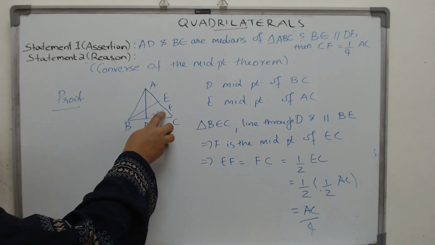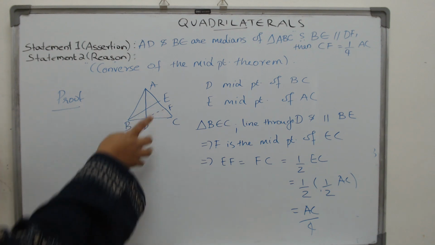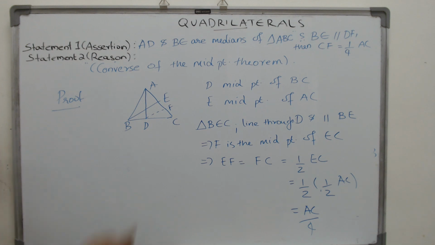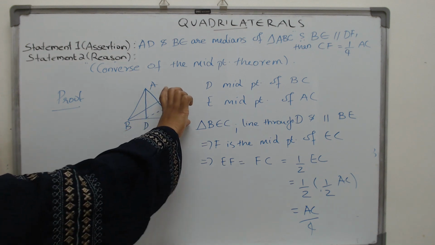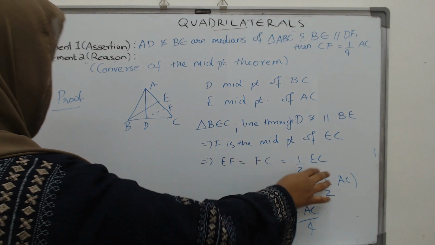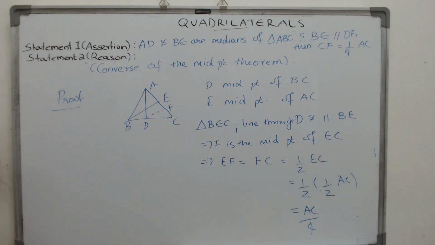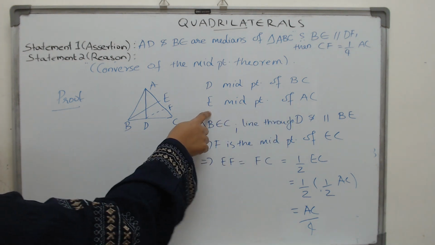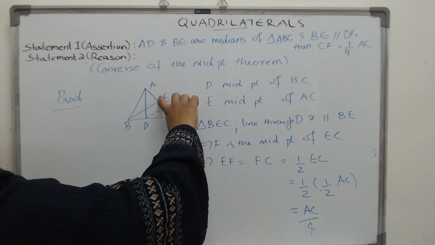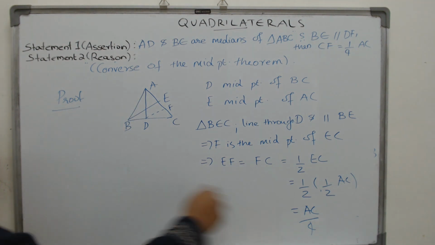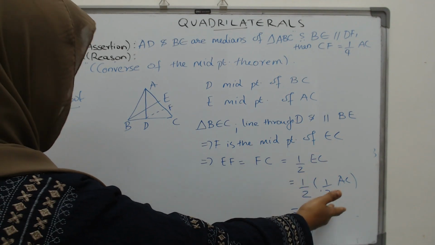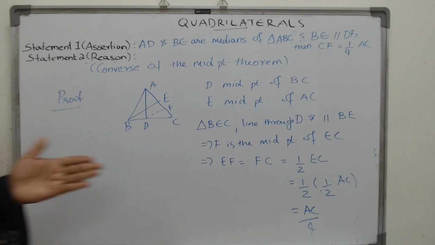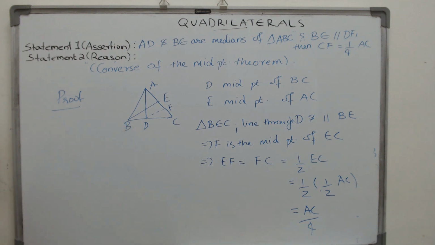Now, if F is the midpoint, EF and FC are equal, which means FC is just half of EC. But then, what is EC? E is given as the midpoint of AC, which means EC is half of AC. You can substitute it there, and you will get AC by 4.